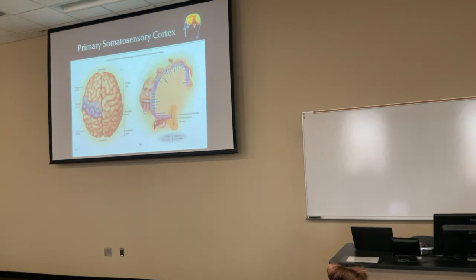Okay, so you've seen this before. I showed this to you in lab. Over there on the right is a map of the primary motor cortex, and these body parts represent the areas of that gyrus that control muscles in those regions of the body.